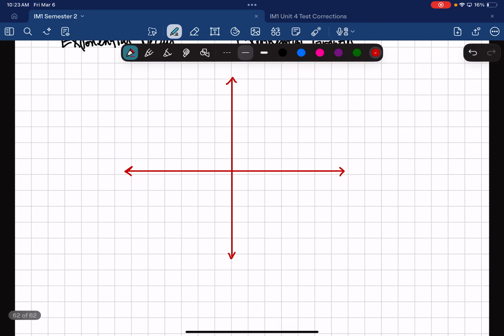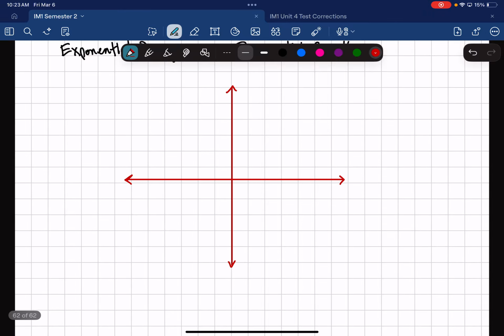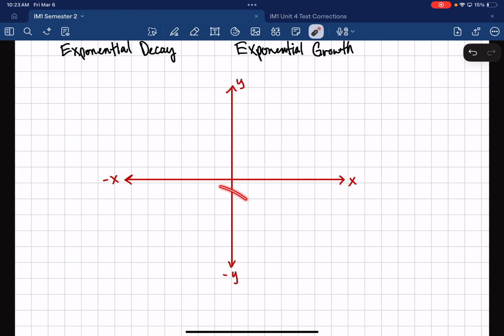So whenever we're sketching a graph, remember we want to do it this way: y-axis, x-axis, negative y, negative x. Now, little detail. Do we hopefully have a general idea of what an exponential function is going to look like? Am I going to use any of this dead space down here?